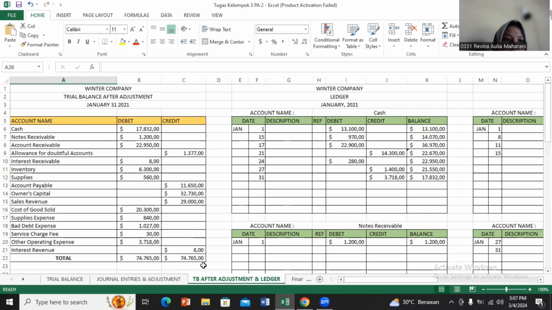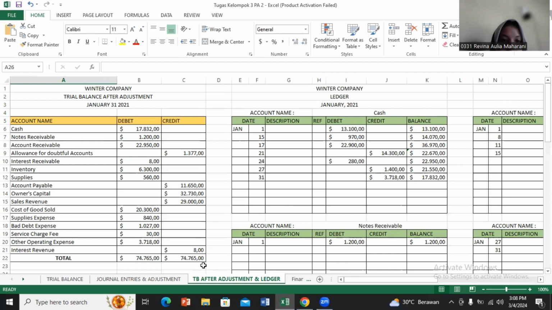$17,832. Notes receivable in debit $1,200. Account receivable in debit $22,950. Allowance for doubtful account in credit $1,377.